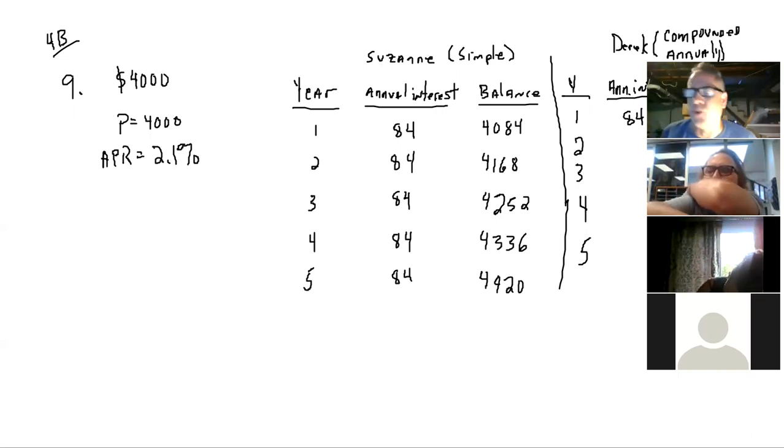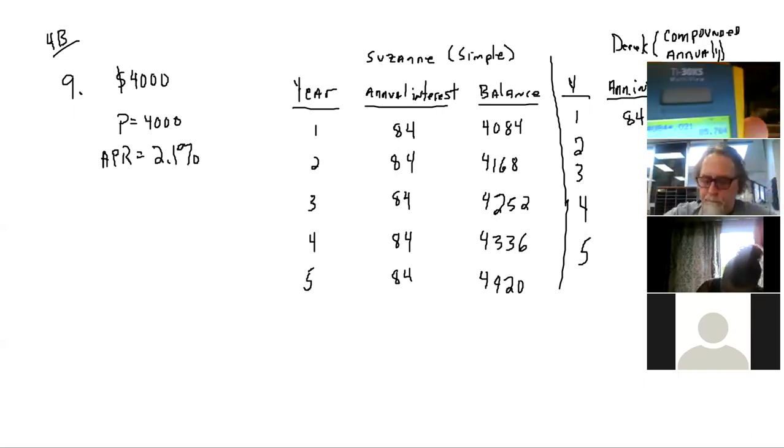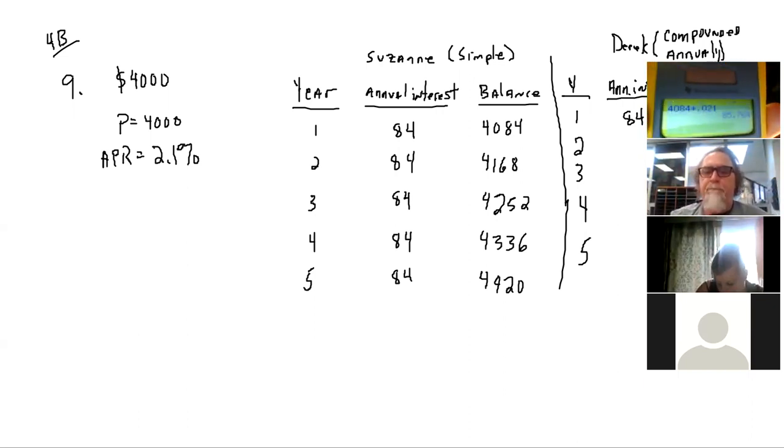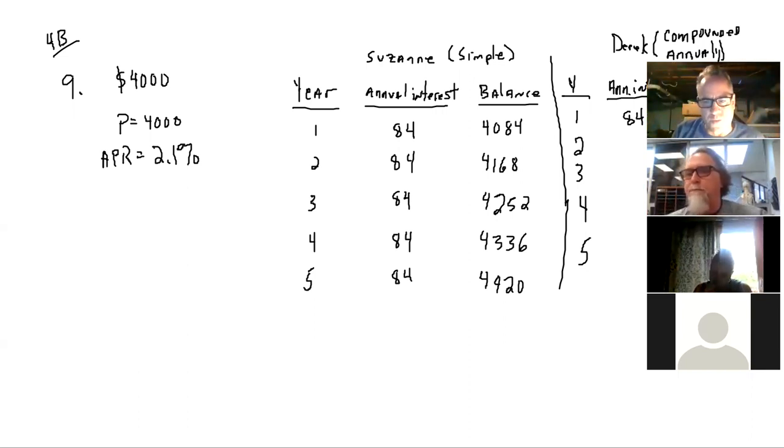This one tells you to round to the nearest dollar. So I would round that to 86. And so that second year, I'm actually making 86. And then you would add that to your 4,084, and you get 4,170. Now the third year, this number times 0.021, rounded to the nearest dollar, comes out 87.